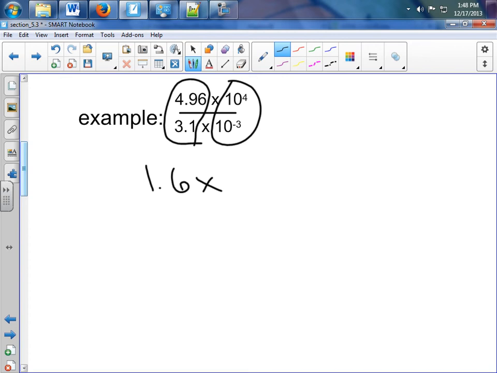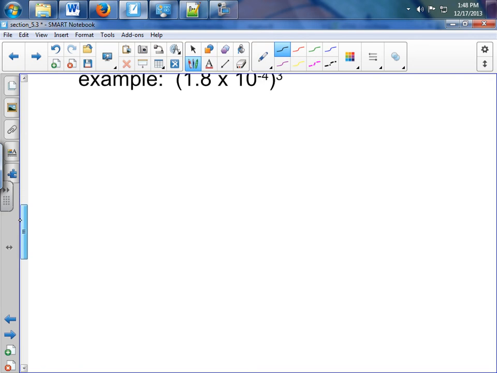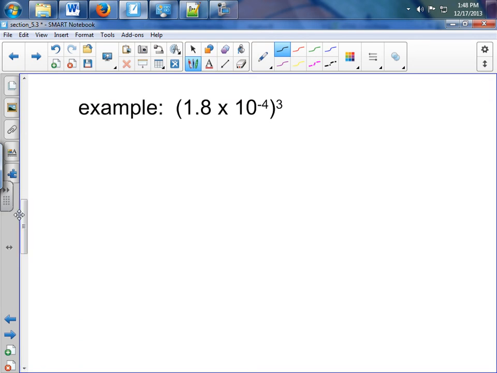If you know your negative exponents, we can bring this to the top and make it 10 to the 7th. So when we multiply a big number by a really, really small number, I want you to try that one on your own.